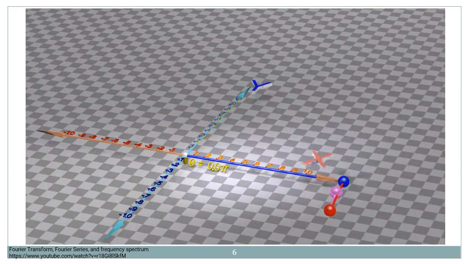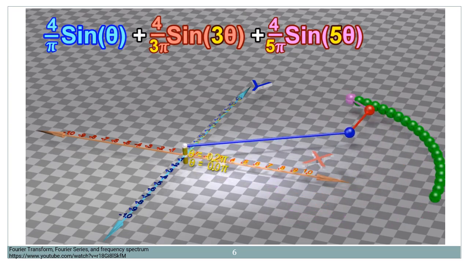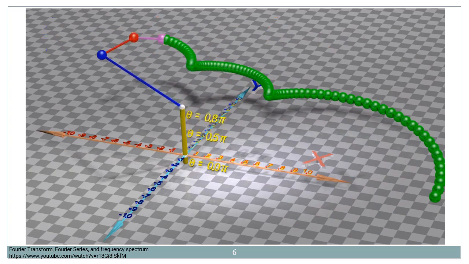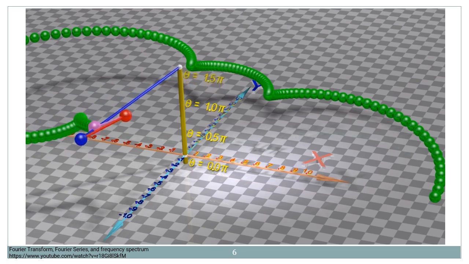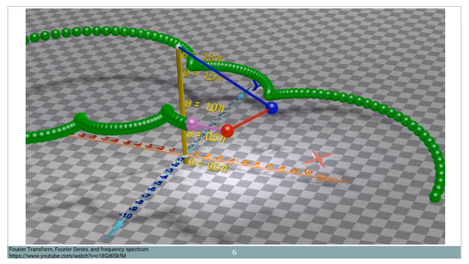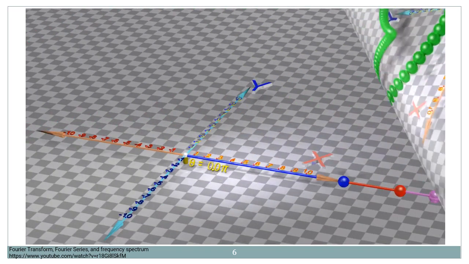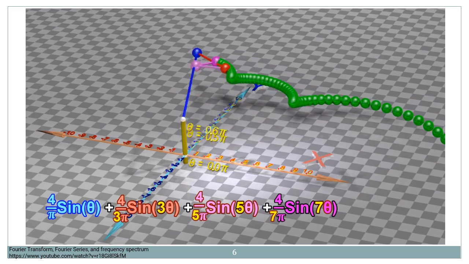We can add together three sine waves. We can add together 4 sine waves.